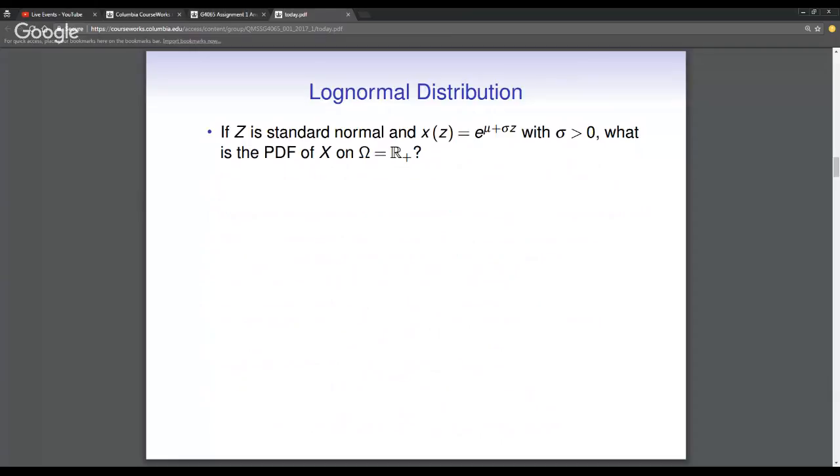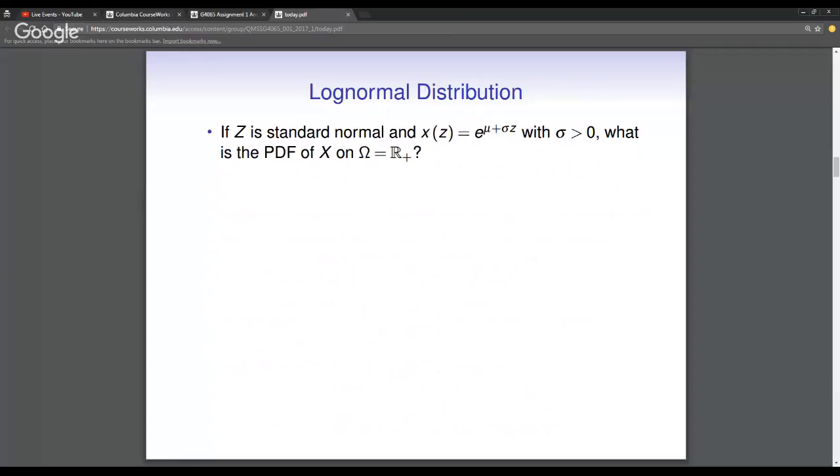Yes, and that would be log x minus mu over sigma. Okay, so we're going to write this substituting away z and putting an equivalent expression in terms of x. Then what do we do with that?